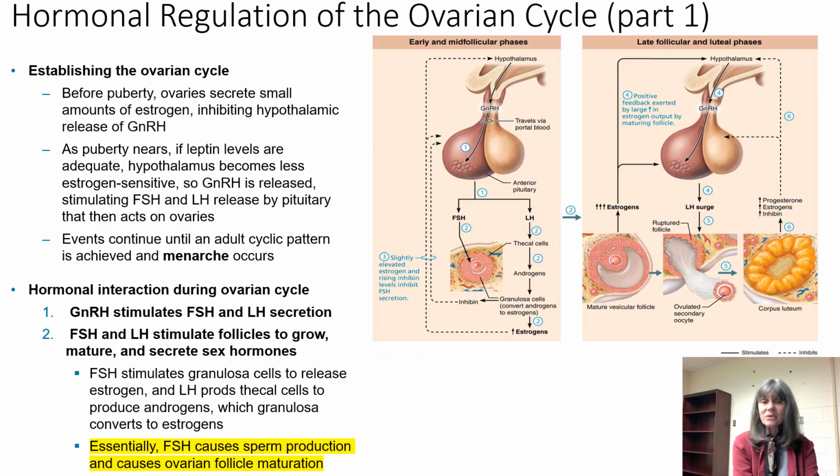These events continue until an adult cyclic pattern is achieved and menarche occurs. Menarche is the onset of menses. It's the first menstrual period.